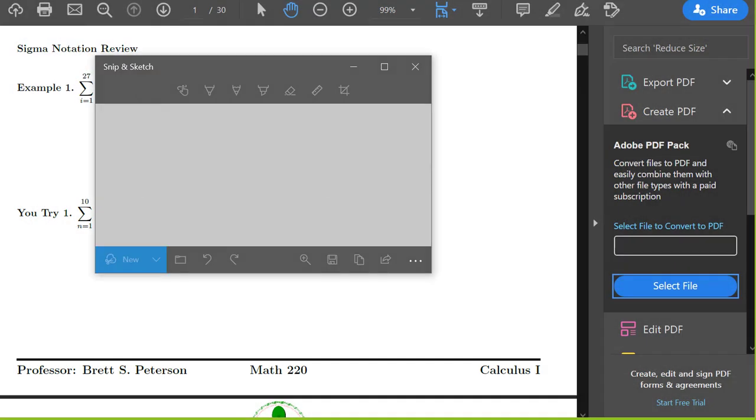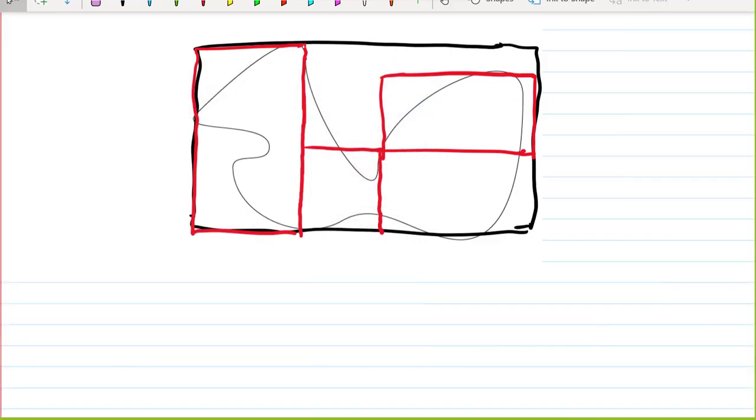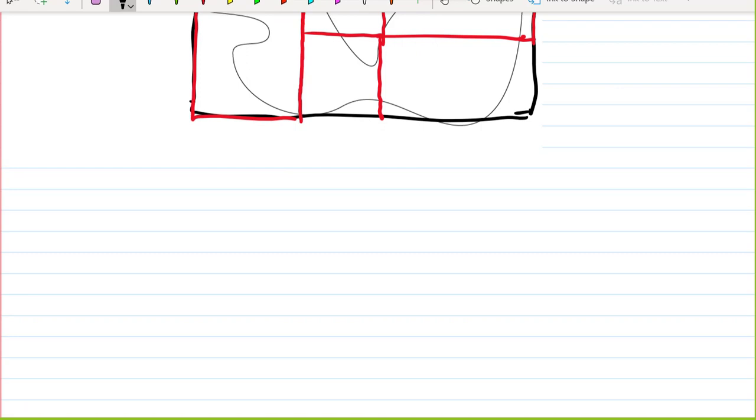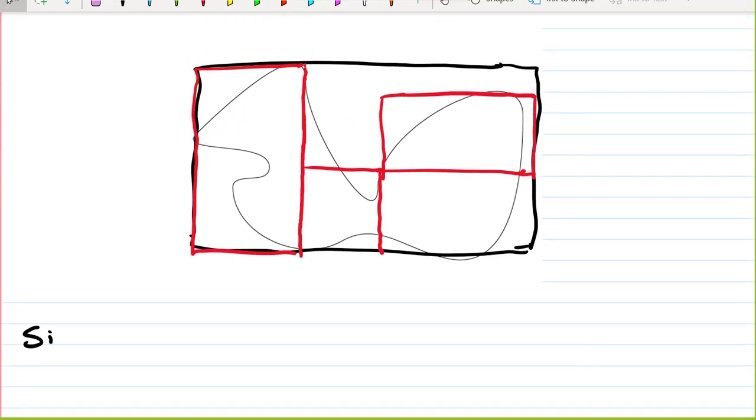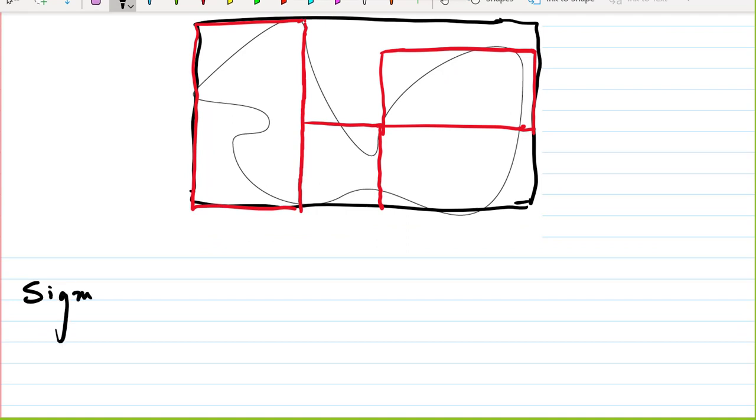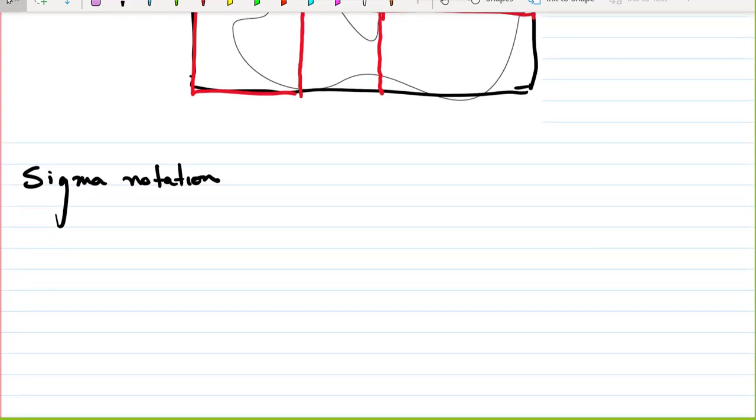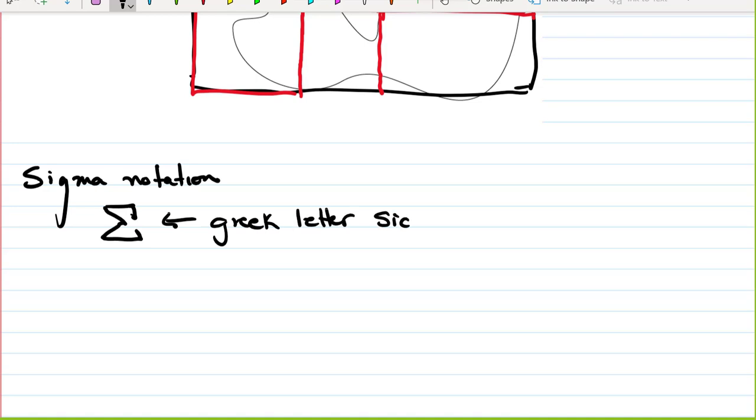So let's review sigma notation. We have our Greek letter, capital sigma, and our Greek letter sigma is our sum operator, and what that means is to add.